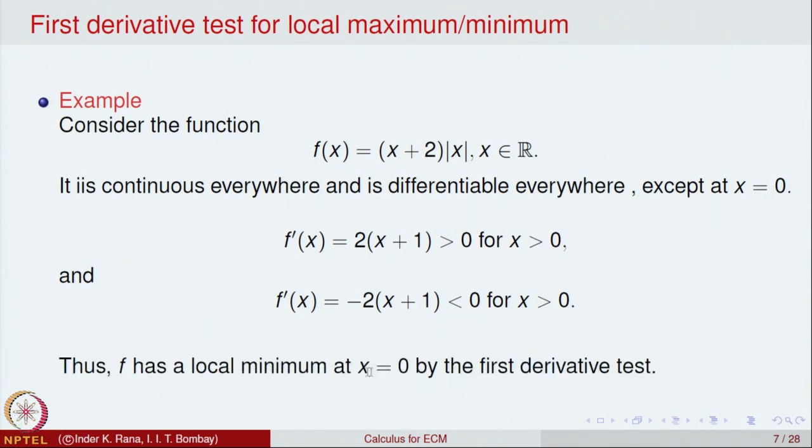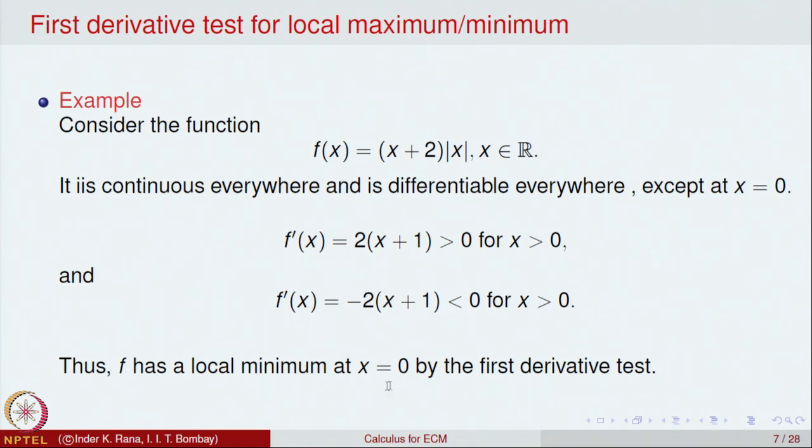So, this implies that f has a local minimum at the point x equal to 0 by the first derivative test. How is the first derivative test applicable? At the point x equal to 0, the function is continuous. So, the condition of continuity is satisfied. In the deleted neighborhood of 0, f dash of x is bigger than 0 if x is bigger than 0, so the function is rising on the right side, and it is less than 0 on the left side, so it is dropping.